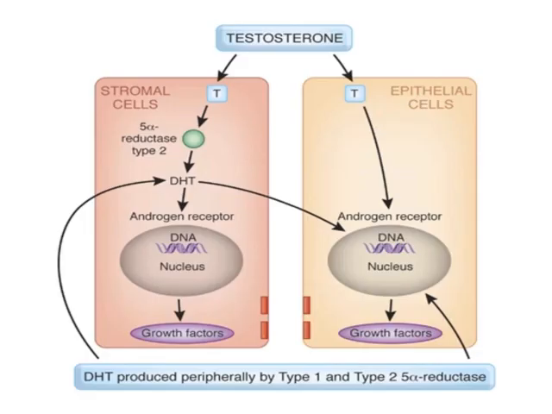So this is the picture showing the pathogenesis of benign prostatic hyperplasia. Here we have stromal cells, epithelial cells, and circulating testosterone. This testosterone acts on the stromal cells and the epithelial cells. In the stromal cells, testosterone is acted upon by the enzyme 5-alpha reductase, and this will convert testosterone to dihydrotestosterone.